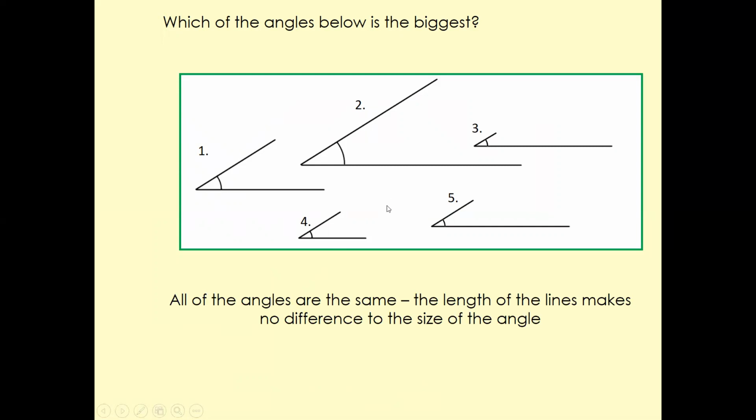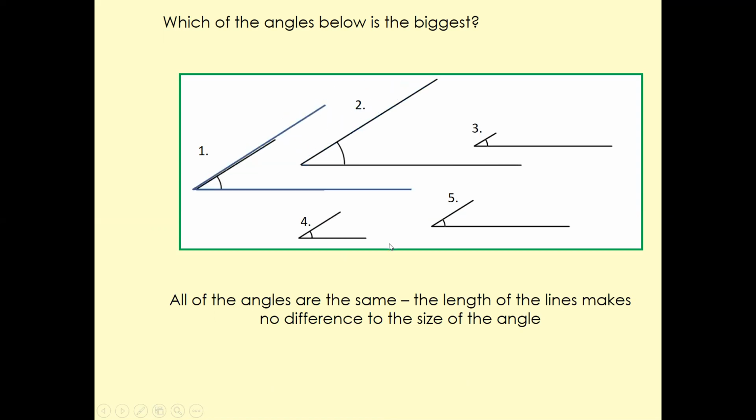What we need to understand is that the length of the lines doesn't make any difference to the size of the angle. One way of looking at that is to put them on top of each other.